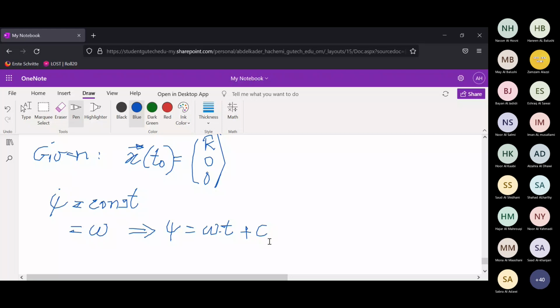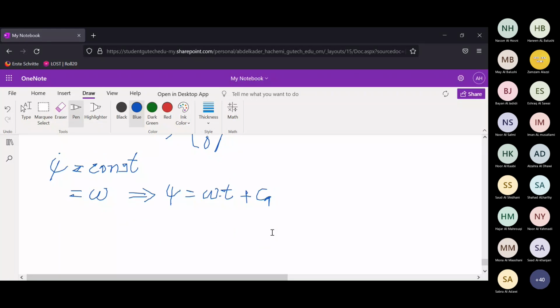Now from the initial conditions, C1 is equal to 0, because xi at time t0 is equal to 0.